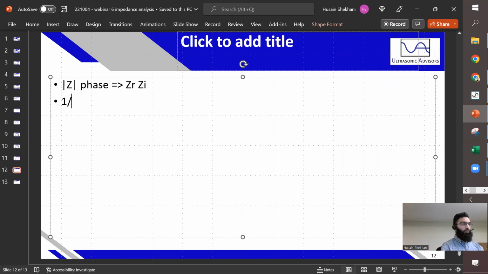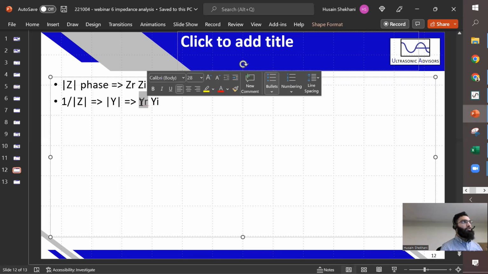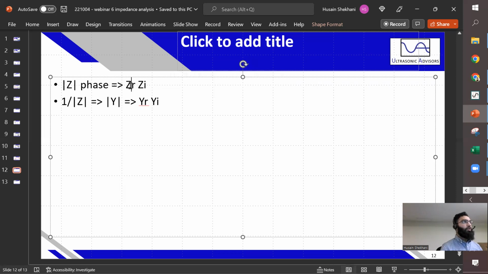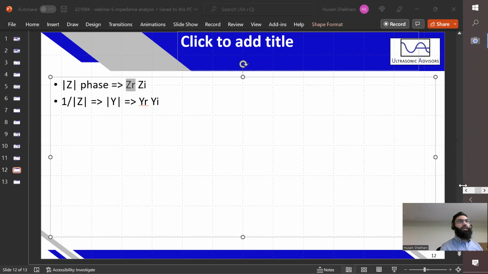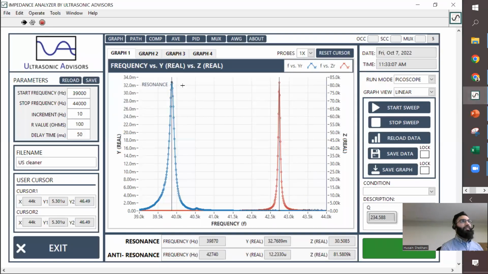And 1 over impedance is admittance, which is denoted as Y, and that can also be put in its real and imaginary components. Now, real admittance and real impedance, which is resistance, will then give you a plot like this.